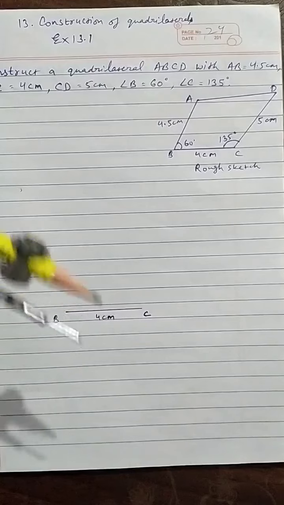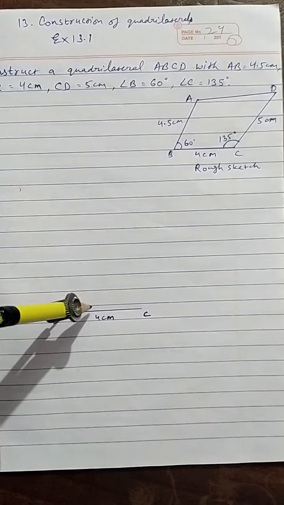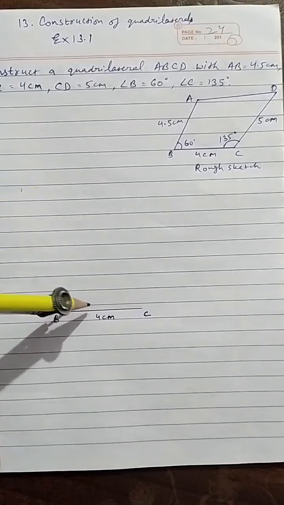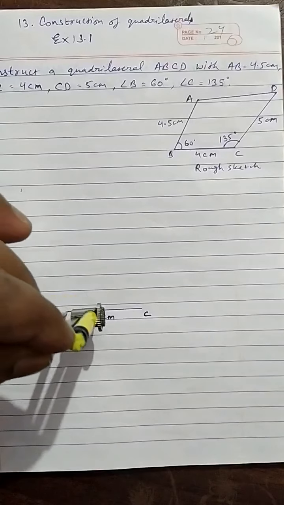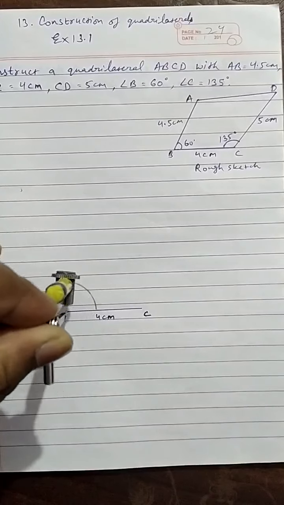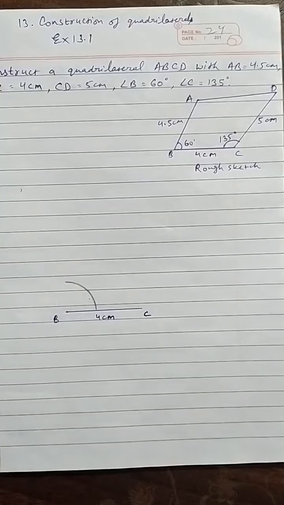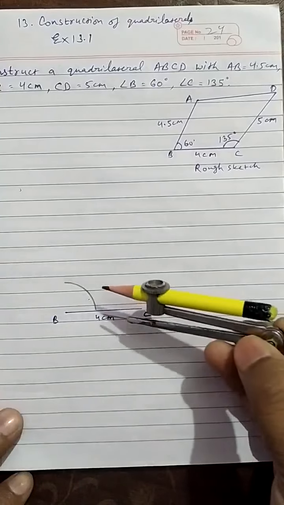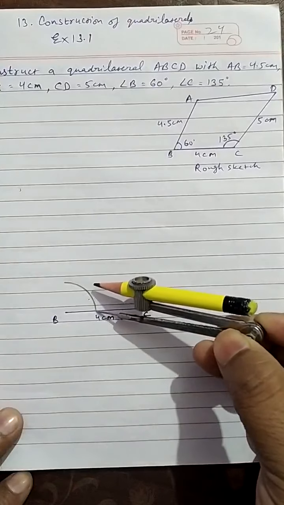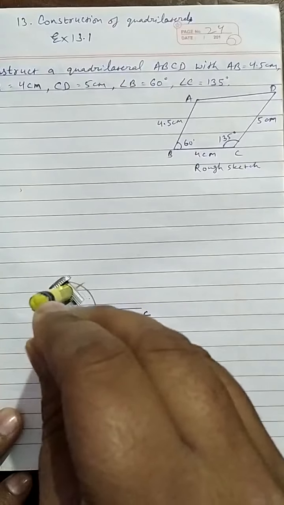Open the compass to a convenient arc as you wish and, keeping it at B, take a half arc. Now without disturbing the compass, from this 0 degree, mark here 60 degrees.